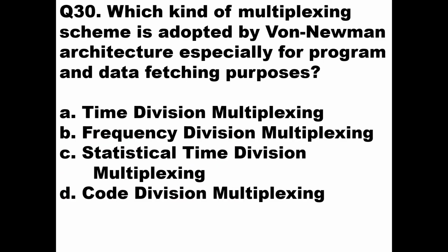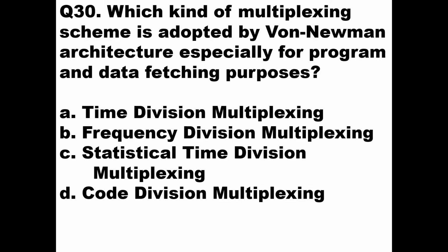Question number 30. Which kind of multiplexing scheme is adopted by von Neumann architecture, especially for program and data fetching purposes? Now here, von Neumann architecture has a common memory for program and data, and therefore it should have some multiplexing schemes where these two codes or data are multiplexed. Okay.